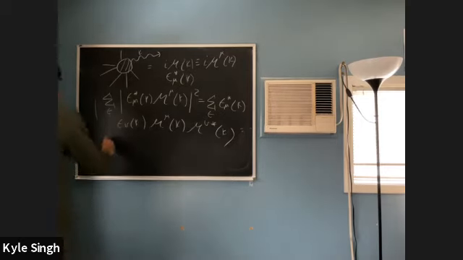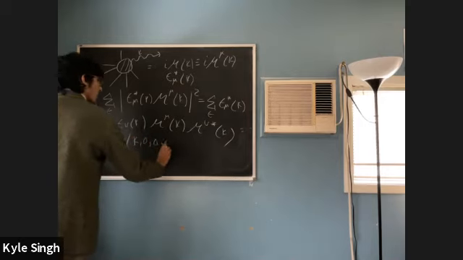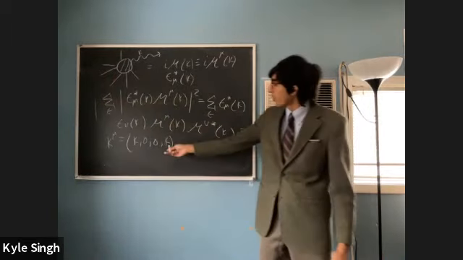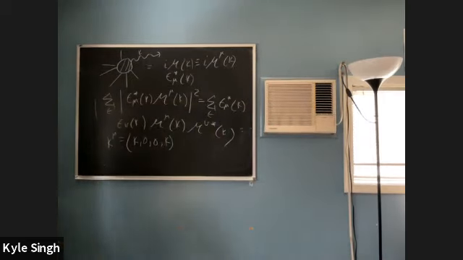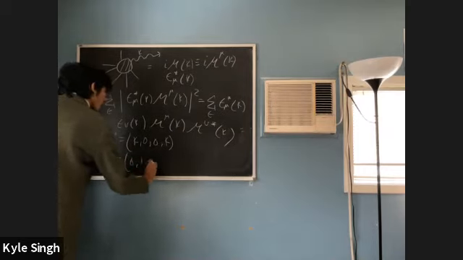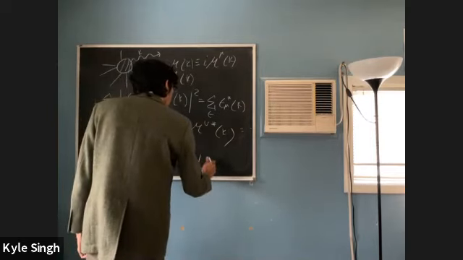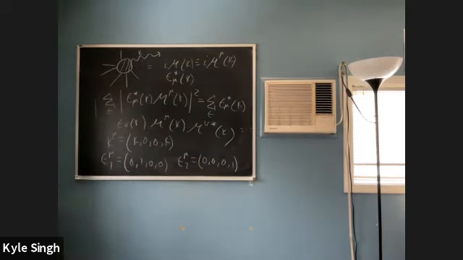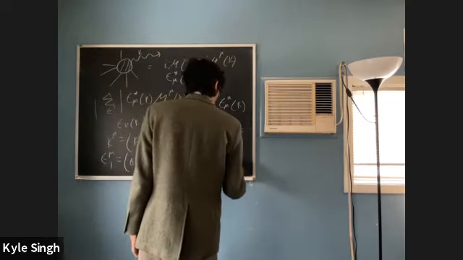I'd like to label my photon momentum k mu as (k, 0, 0, k). So it's a photon with momentum along the 3 direction. And I'd like to label my 4-vectors, so epsilon mu 1 as (0, 1, 0, 0), and epsilon mu 2 as (0, 0, 1, 0).